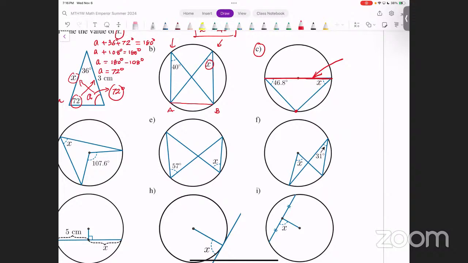A diameter will always make a 90-degree angle on the circle. This is 90 degrees. Can you just find the x? Do your math. I'll give you time.